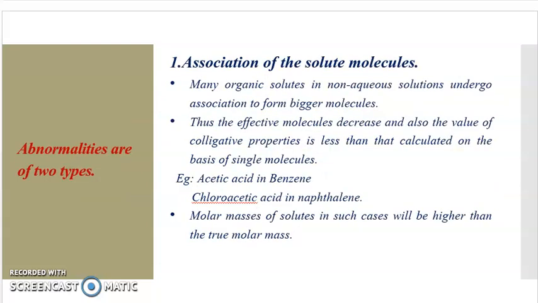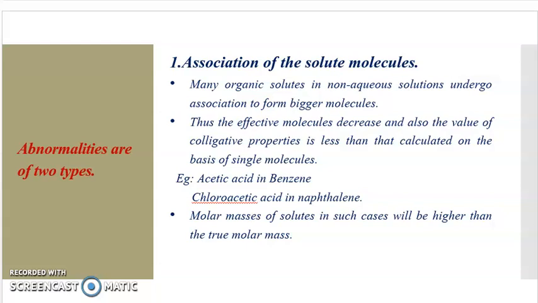The abnormality in colligative property arises due to two reasons. The first reason is association of the solute molecules. Here, many organic solutes in non-aqueous solutions undergo association to form bigger molecules.